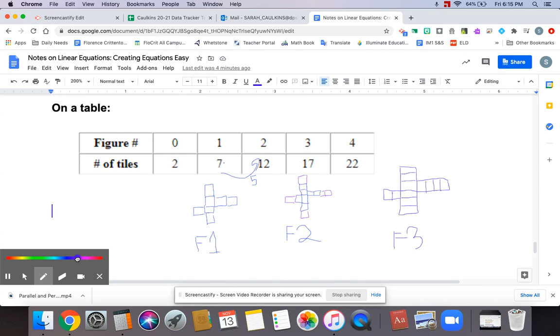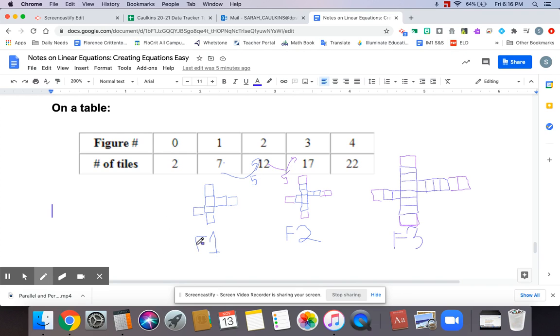So now I'm going to add 5 more in the exact same spots: 1 to the top, 1 to the left side, 1 to the bottom, and then 2 to this right side. So now there's a total of 17 tiles because I just added 5 more in the exact same spots.